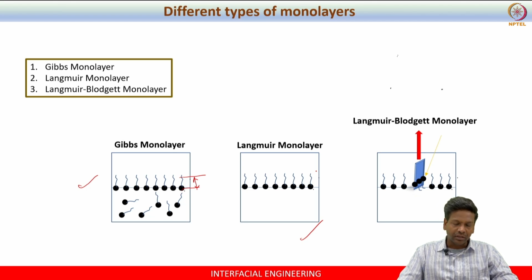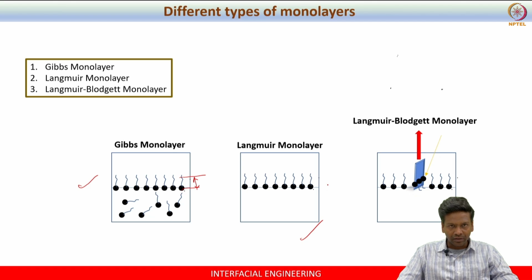In this case you take the surfactant molecules in a suitable organic solvent, for example stearic acid in chloroform. Chloroform is a volatile solvent.